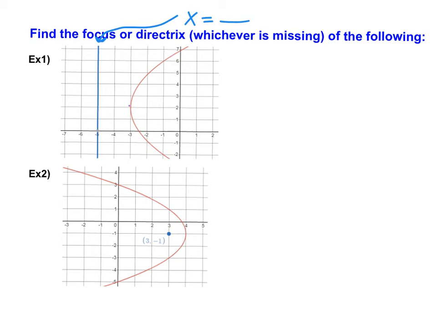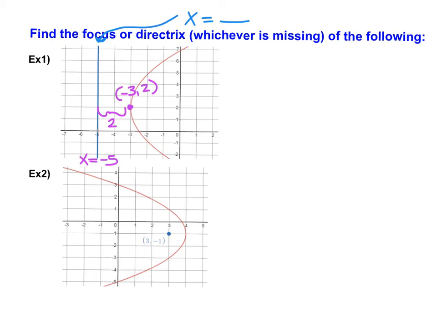So here what I can see is my vertex occurs at the point x is -3, y is 2, and I can see that my directrix is at x equals -5. So what I notice here is that my directrix and my vertex are 2 units apart. And remember that our directrix and our focus are the same distance away from every point on that parabola, the vertex included.